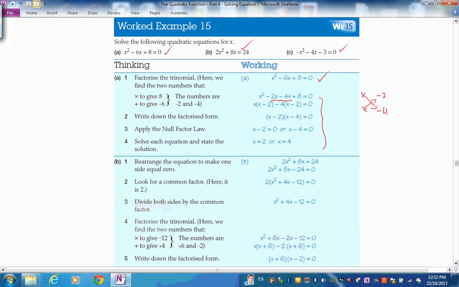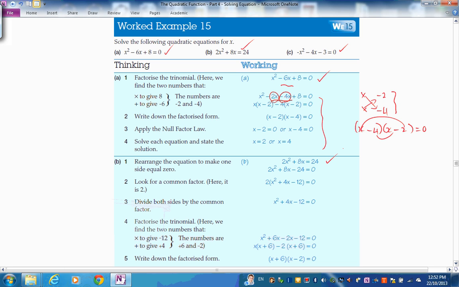They've done a method of splitting the middle term into 2 terms that give 8. You can try that, but I think it's better to try the reverse of FOIL. Set up your bracket, x and x, and then what gives 8? Negative 2 by negative 2. Negative by negative is a positive, and these sum to negative 6x. Think that's a good idea?